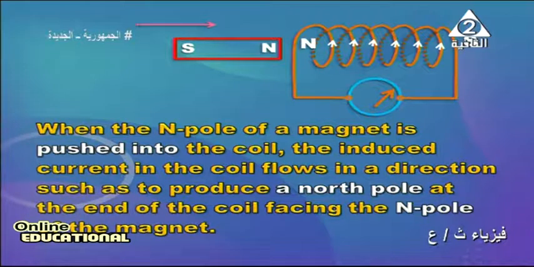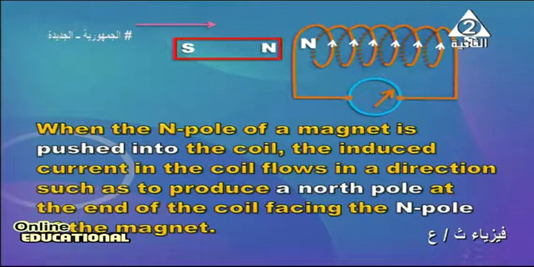When approaching the North Pole, we expect to find a North Pole at the end of the coil facing the North Pole of the magnet. And if we repeat it and approach the South Pole, we'll also expect to find a South Pole at the end facing the magnet.